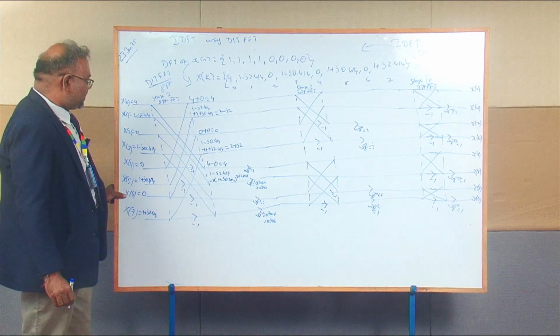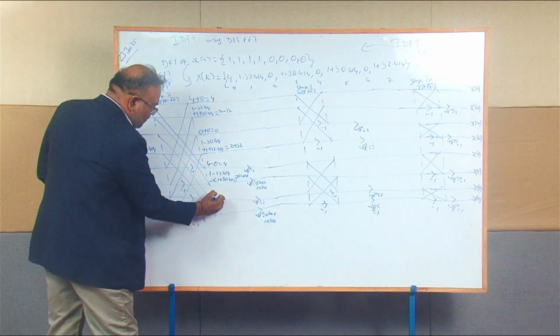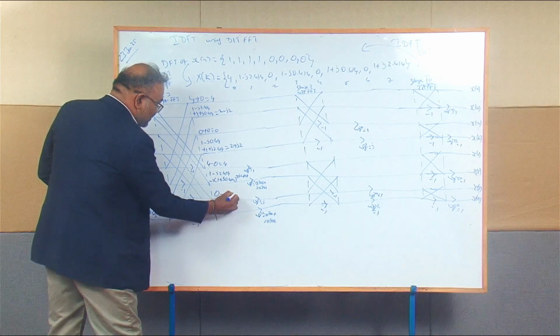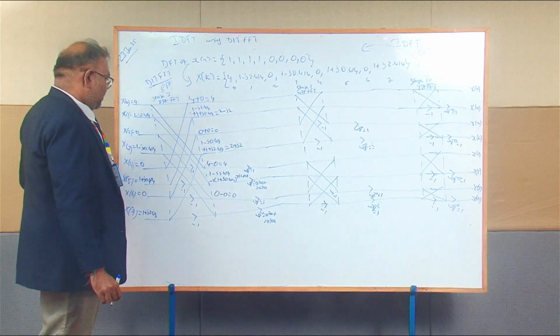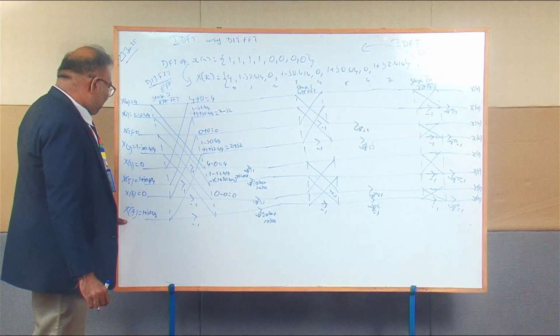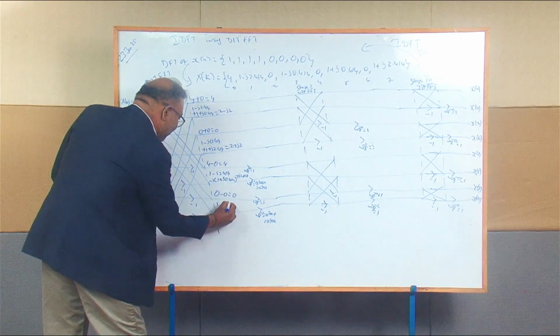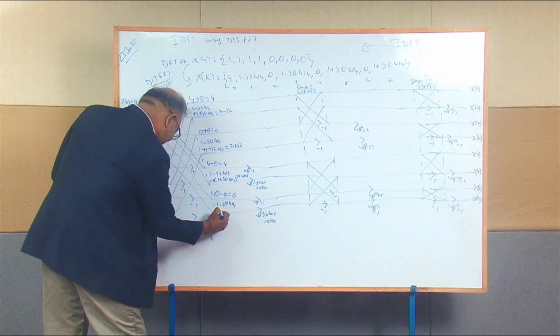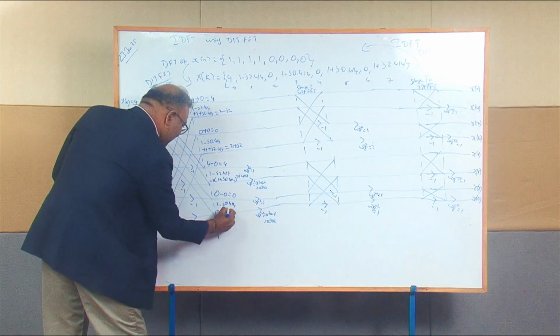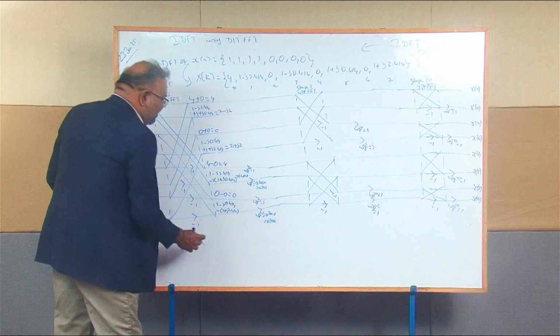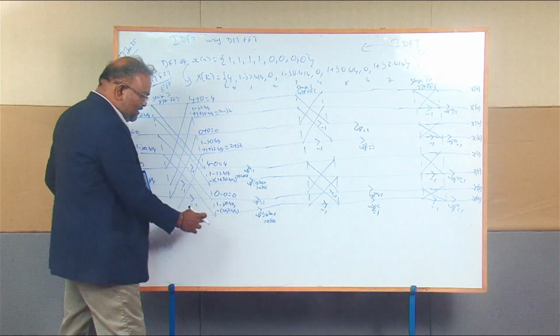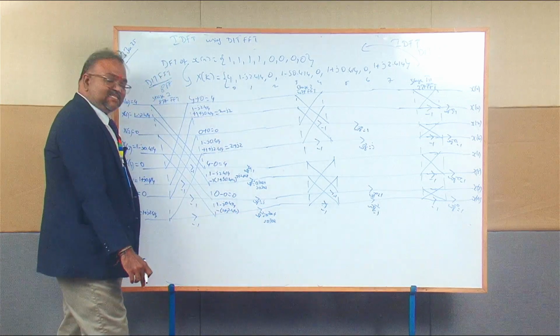Next one, when I come to this signal, the first signal is 0, minus 0, it is 0. Again, when we come here, the first signal is 1 minus j0.414 minus 1 plus j2.414. When I bring this minus sign inside, plus 1 and minus 1 will get cancelled here.